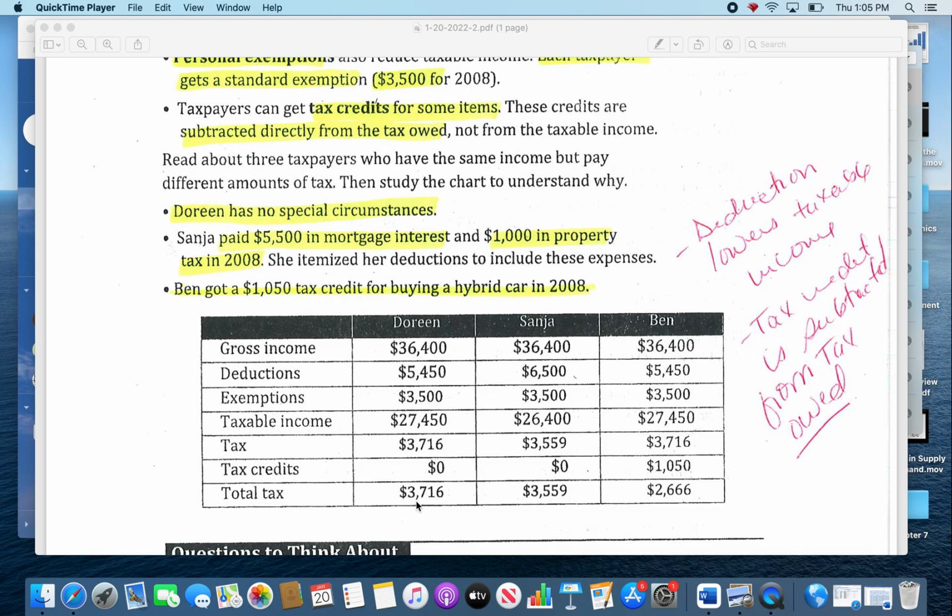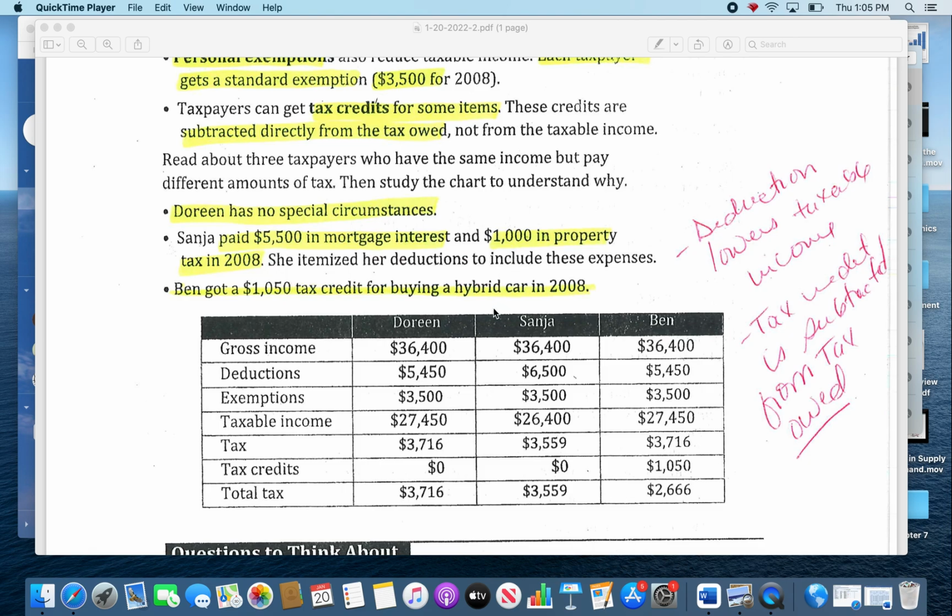Sanja, on the other hand, has a house that she has a mortgage on, so she pays a home loan. Her interest was $5,500. Her property tax is $1,000. So when you add up these two numbers, $5,500 and $1,000, that is $6,500.